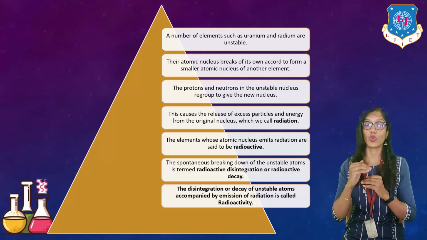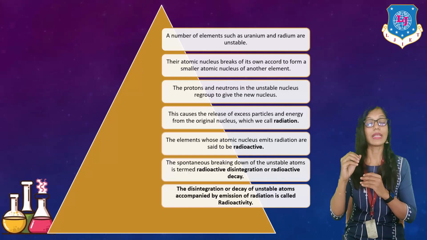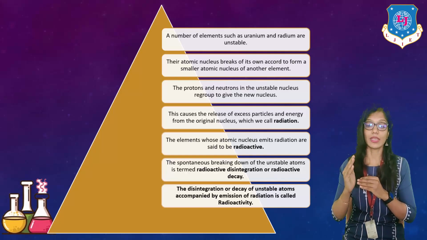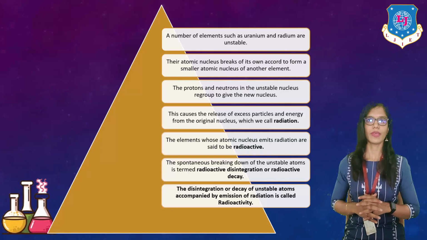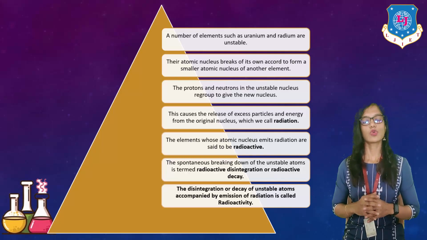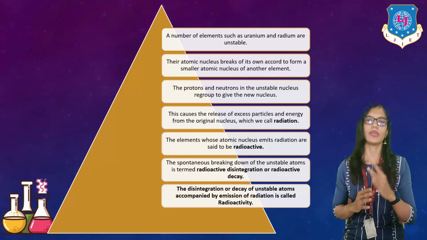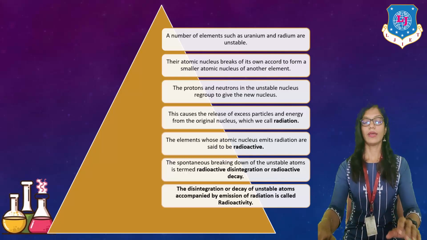Those excess protons and neutrons bulk up with each other, and that is basically the disintegration of the nucleus. That disintegration takes the form of emission of radiation, and that emission of radiation is known as radioactivity. Okay everyone? Fine?